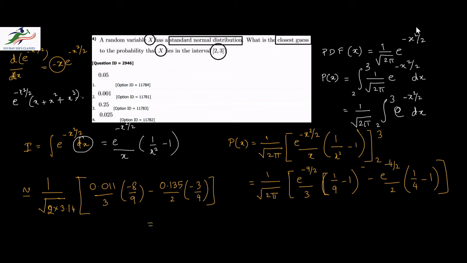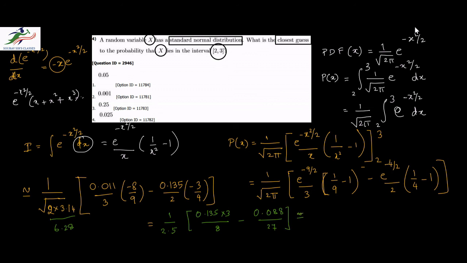Now you see 2 into 3.14 is 6.28, and the square root of that would be roughly 2.5. So 1 by 2.5 into 0.135 into 3 by 8 minus 0.088 over 27.